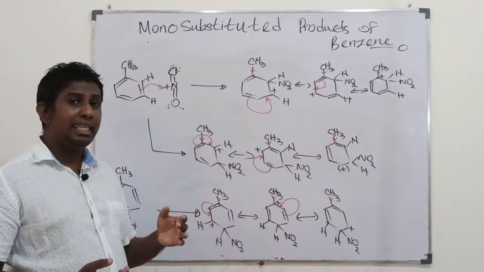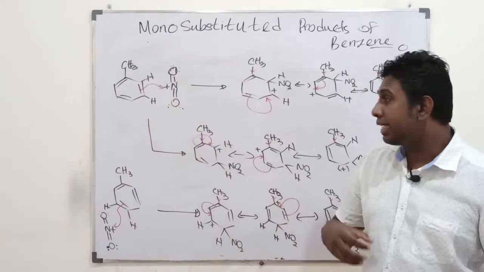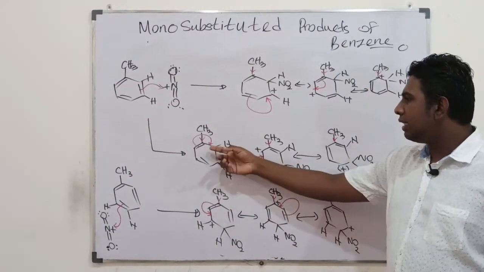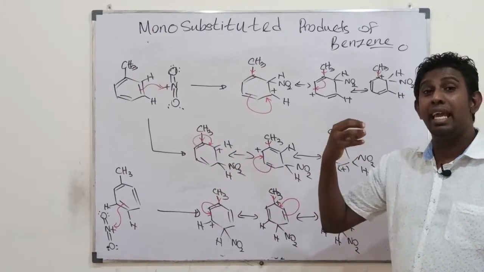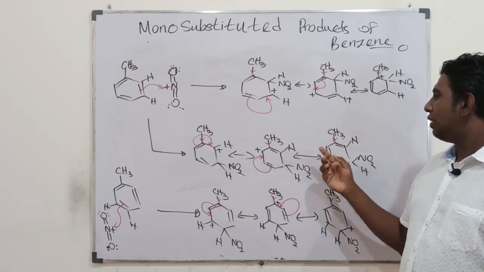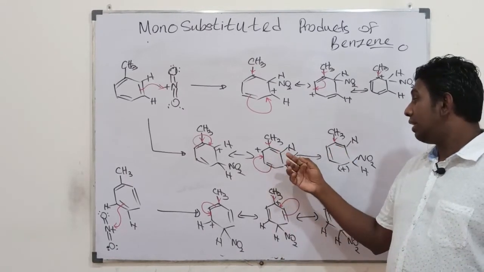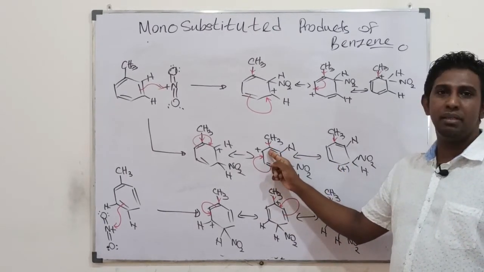So the methyl group is also helping, but this ring cannot take the help directly on that carbon, because the positive charge is always there, but not on that carbon.